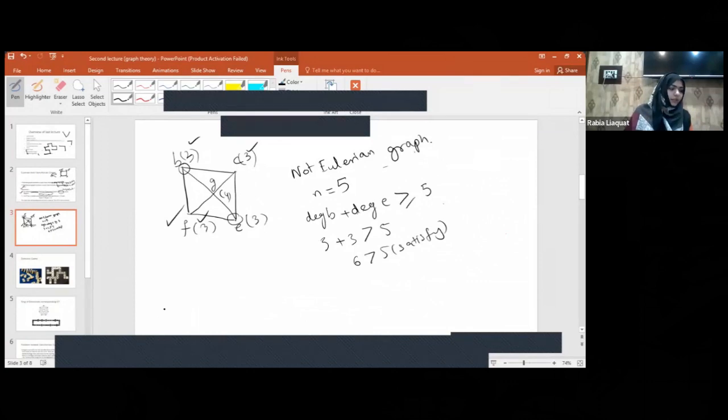And the last example is a graph which is neither Eulerian nor Hamiltonian.